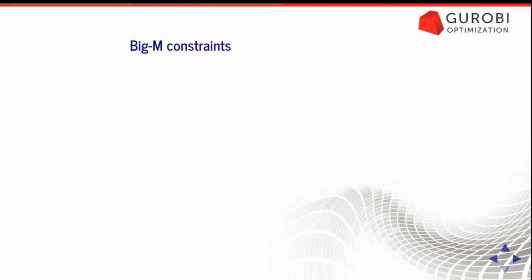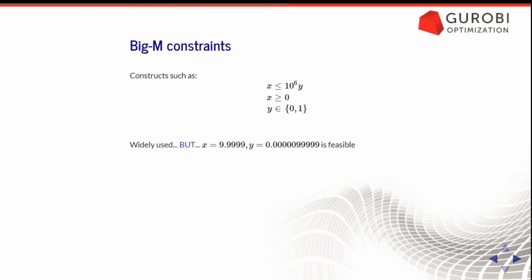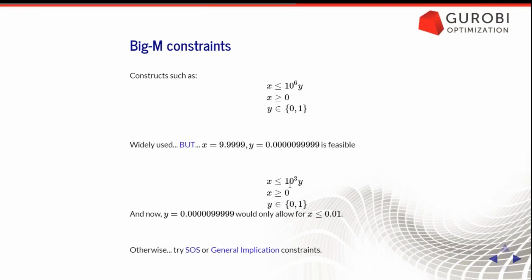However, if for some reason you cannot get away from those big constants like here, and you cannot change that by changing the scaling on the meaning of x, what you can do to improve numerical accuracy is to define these constraints as SOS constraints or as general implication constraints, which were introduced in Gurobi 7.5.